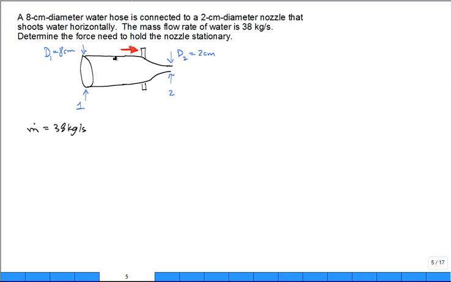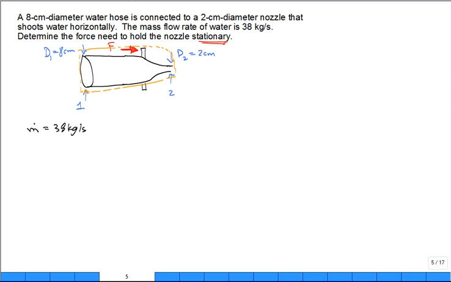So we'll put that as our force in the positive F direction, needing to keep the nozzle stationary. So the first thing to do is to introduce a control volume. The control volume will go like this, cuts through the surface of the pipe through the water, comes to the front, cuts through, and then has the force acting on the control volume at the handle of the nozzle.